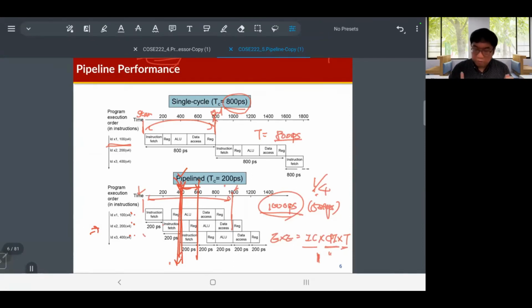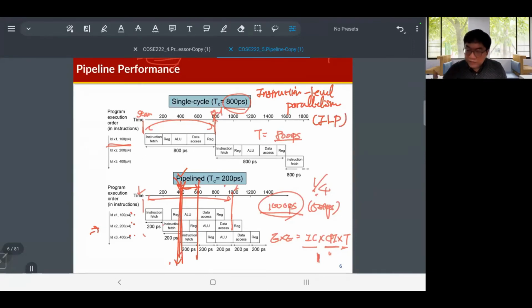which means that we can improve the performance of this processor with parallelism. This parallelism is called instruction level parallelism, or ILP.